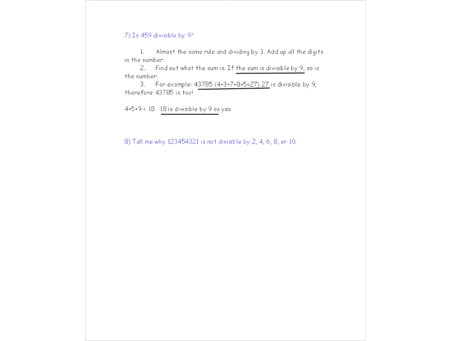Okay, how about this next one? I'm not even going to read the number here, but do you think that's divisible by 2, 4, 6, 8, or 10? Okay, which do you think it would be divisible by? Which one of those?